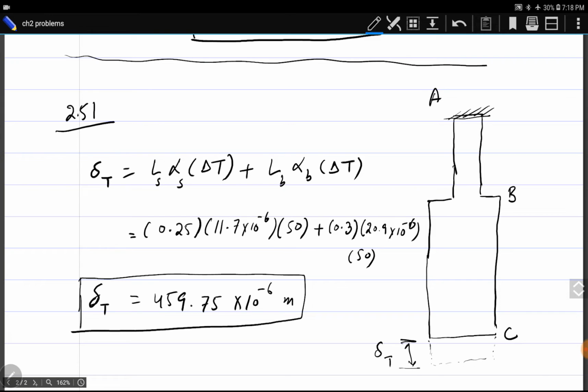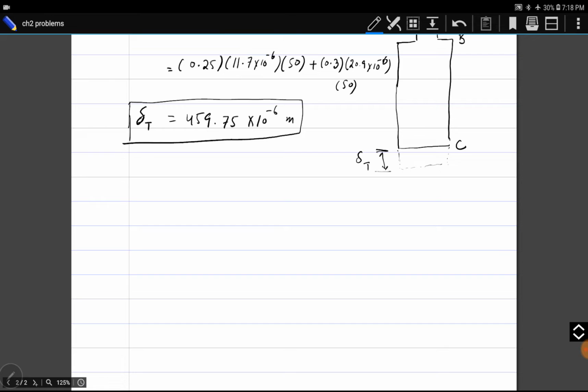In the next step, I will add the load, the redundant reaction at C. Let me add the redundant reaction at C, which is load P, unknown, and I have removed the heat. There is no change in temperature now because we have already calculated deformation due to change in temperature. Now we will calculate deformation due to the constraint at point C, the redundant reaction.